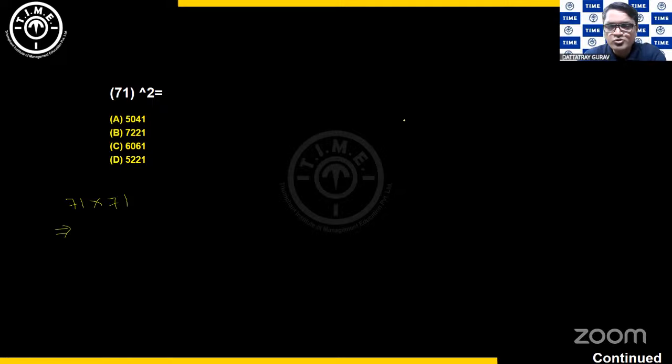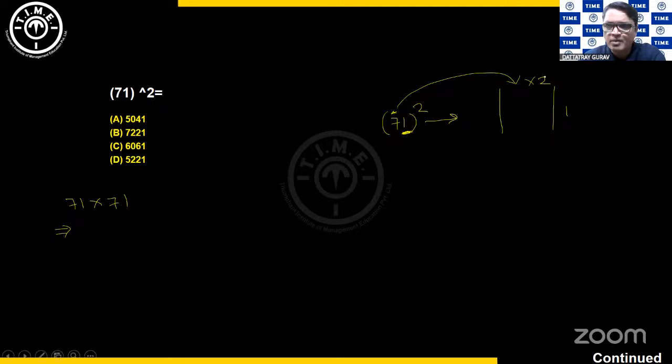Now what is another way to solve this question? I want 71 square. The number ends with 1, so the answer must end with 1. In the case of 5, the answer ends with 25. In the case of 1, the answer ends with 1. Other than 1, what is the number here? 7. So the middle term will be double of 7. Every time, multiply by 2 the number other than 1.